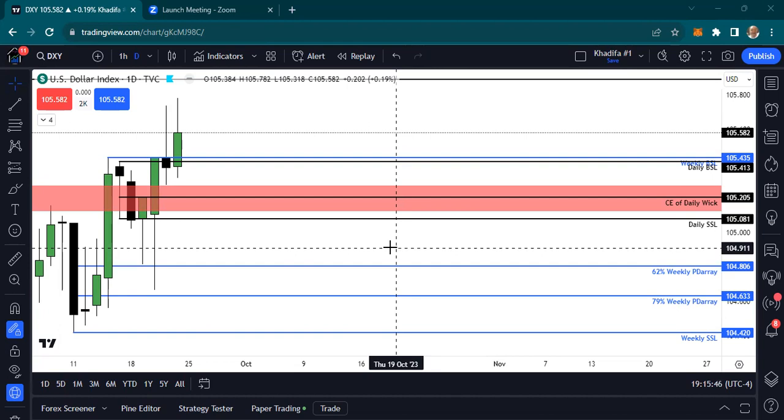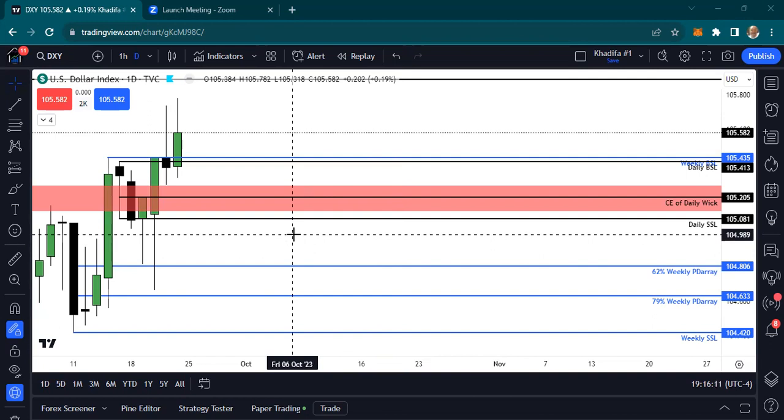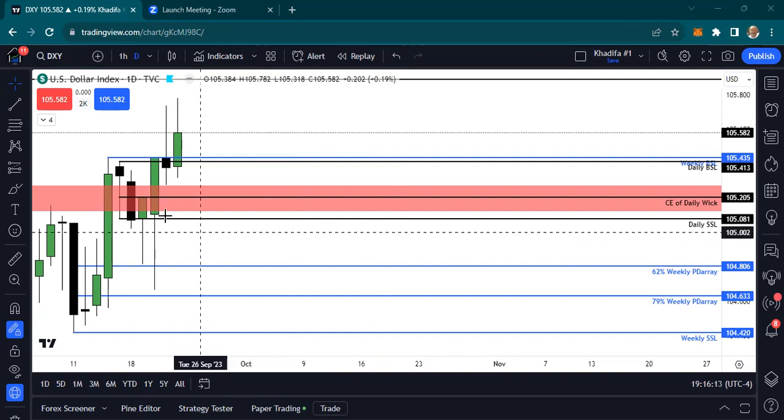Now I was half and half on that pre-week analysis, because futures opened up bearish, but currencies did indeed open up bullish, right? And so this is just going to be a quick weekly wrap up as usual. We want to look back and see how the pre-week analysis and beginning and mid-week analysis played out.